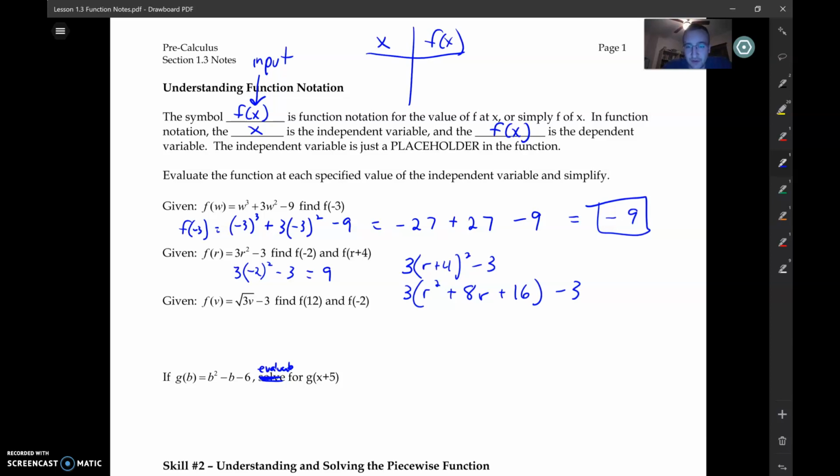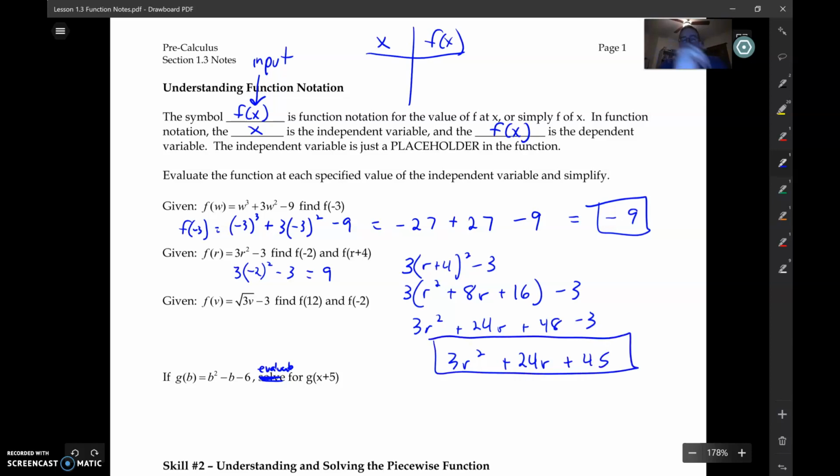Be confident in yourself. And then we need to clean this up. We get 3r squared plus 24r plus 16 times 3, 48, minus 3. Final answer, 3r squared plus 24r plus 45. You cannot simplify that anymore. That is your answer. Okay.